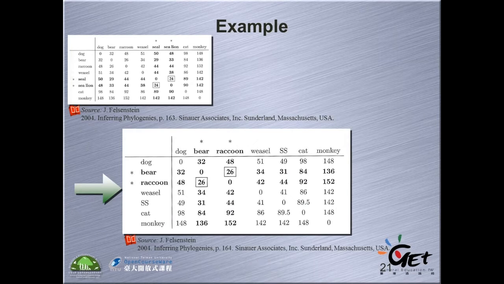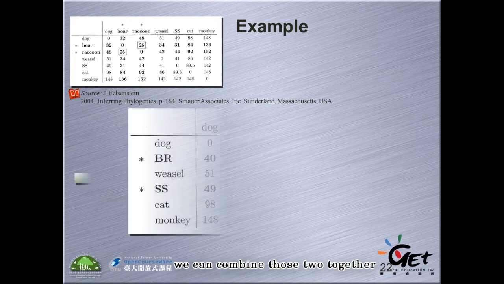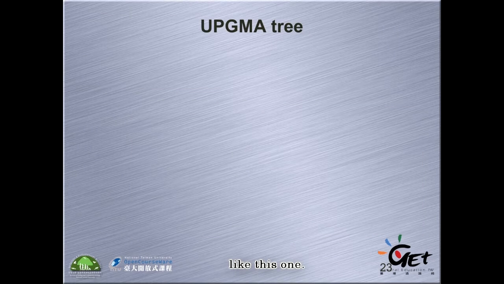Again, find the smallest number in this table, which would be, I think, right here, bear and raccoon. Is that right? I think so. So we can combine those two together and make another new matrix, and keep going until everything is resolved like this one.